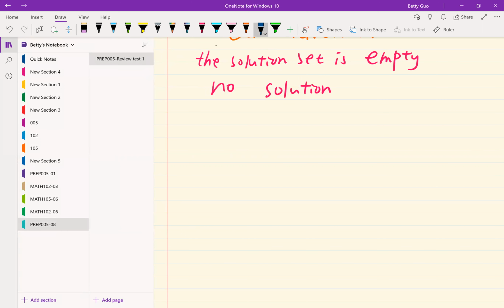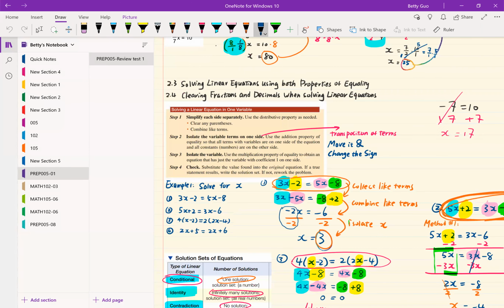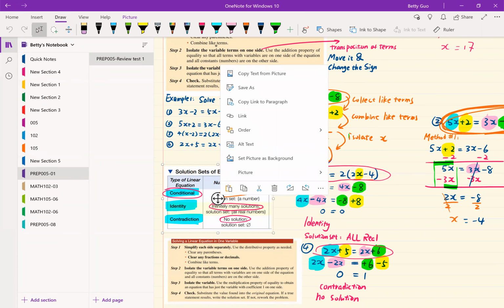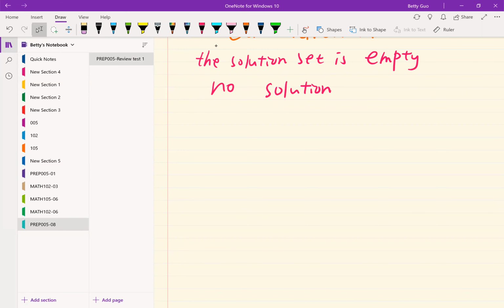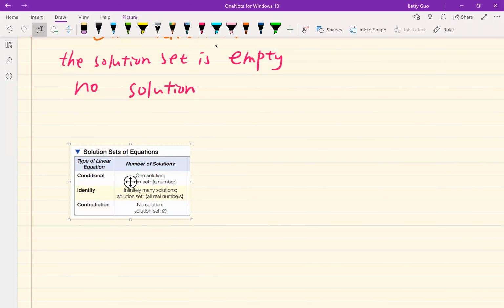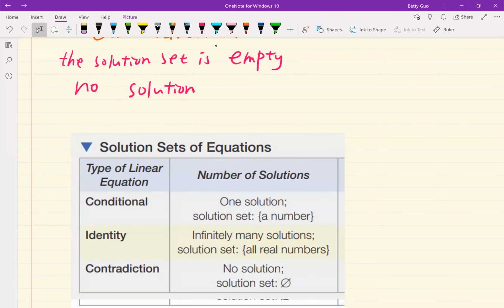Give me 1 second. Let me get this table for you. We could classify all the linear equations in one variable into 3 categories.